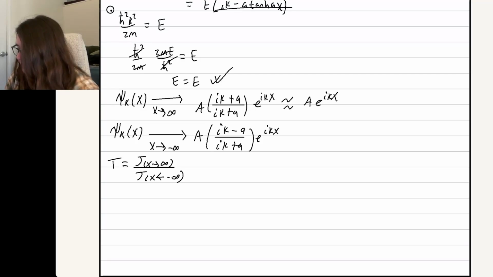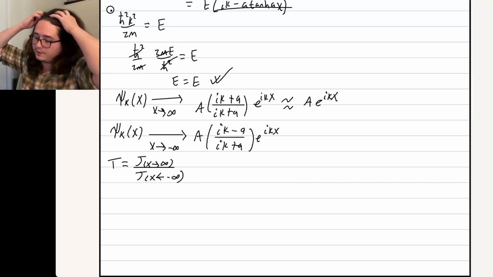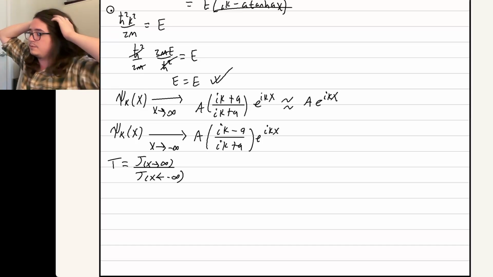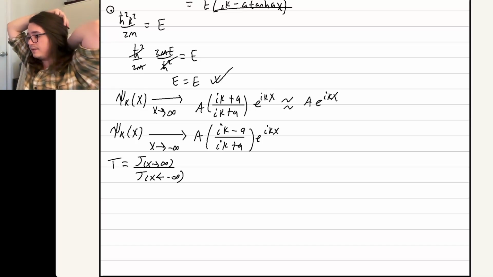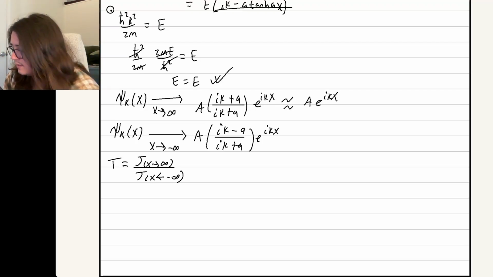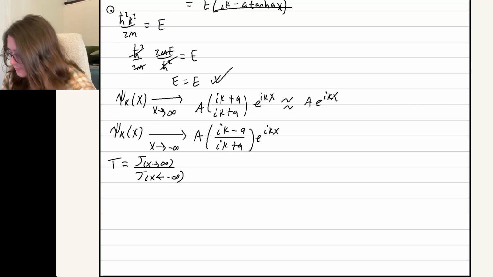So we're going to do the probability currents for the x goes to infinity case, and the probability current for the x goes to minus infinity case, and then the ratio of those will be the transmission coefficient, right? So doing the top one first, the probability current of x goes to infinity.